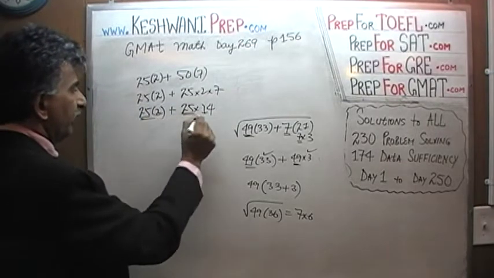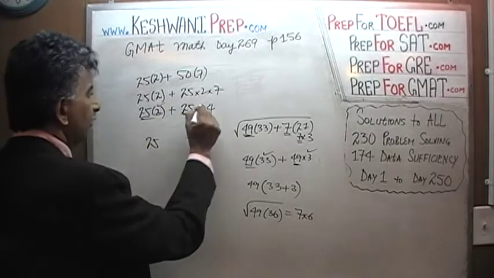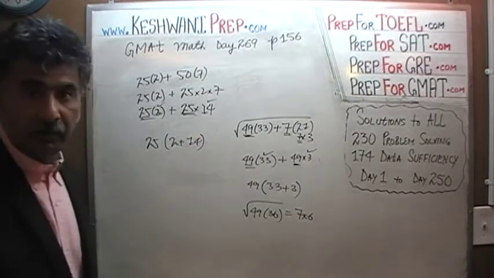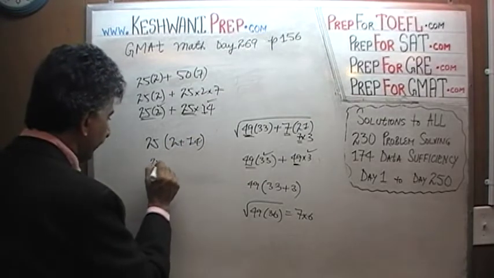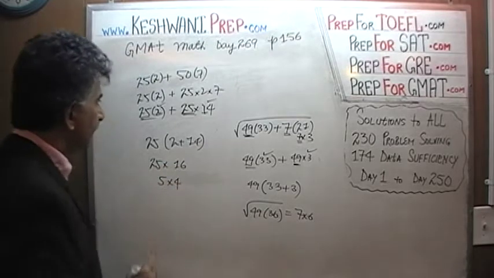We have a 25 here and 25 here. We can take out the common factor 25 and we are left with 2 plus 14, which is another perfect square. So it's 25 times 16, which is simply 5 times 4, which is 20.